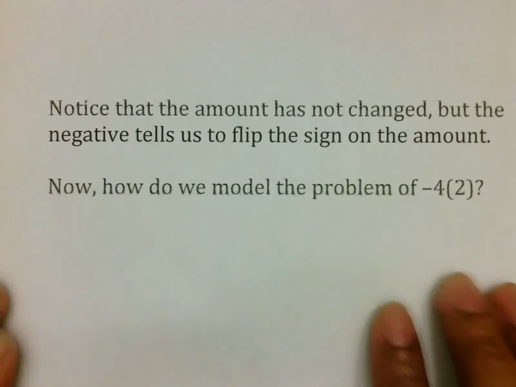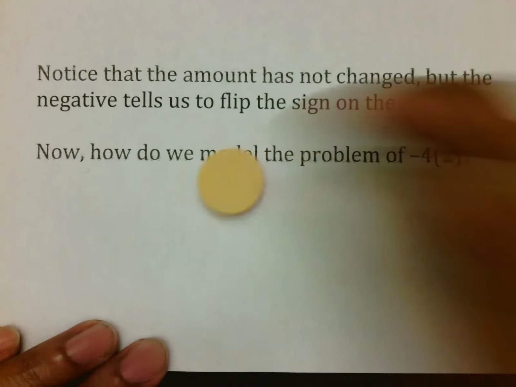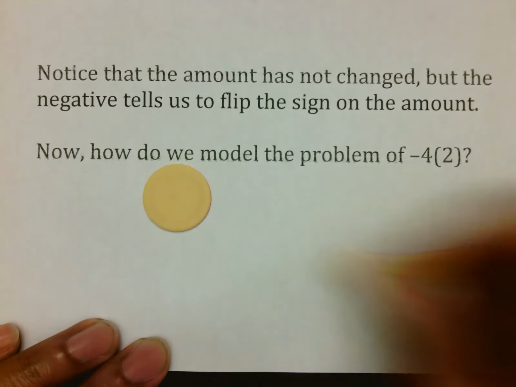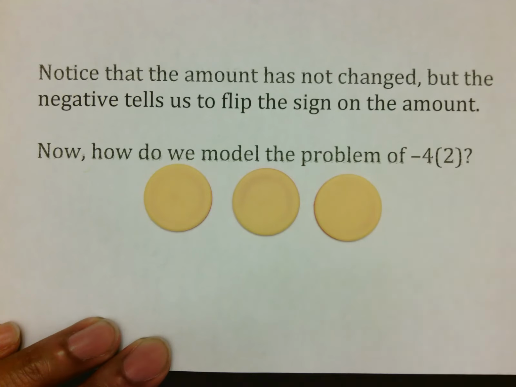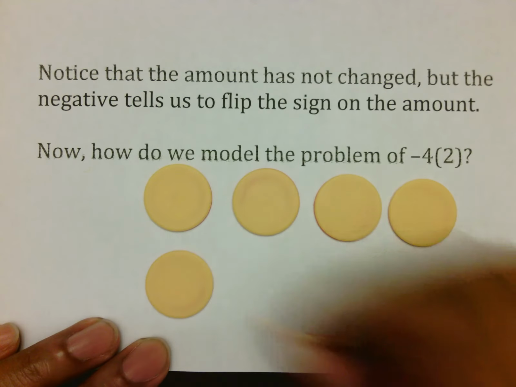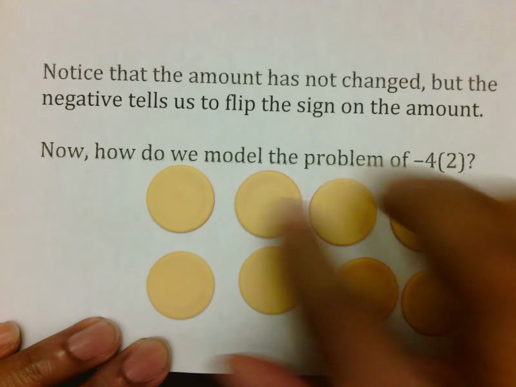So how do we model the problem of negative 4 times 2? Well, first what we do is we do 4 times 2, because the amount, as I just said, does not change. So we will make a 4 by 2 rectangle, which looks kind of like this, sorry. There's a lot of chips in this one. And then what we do is we count the negatives.